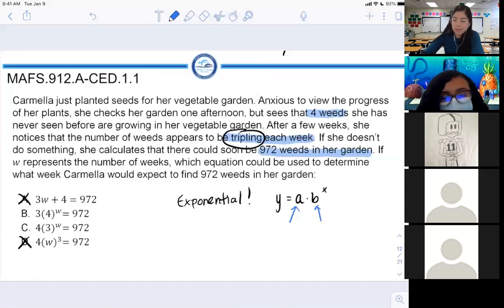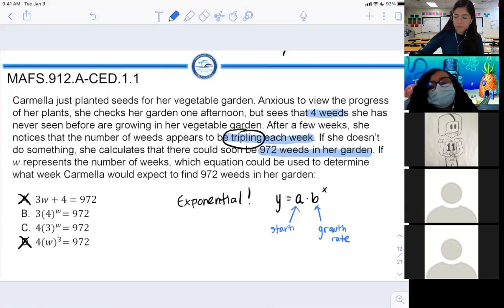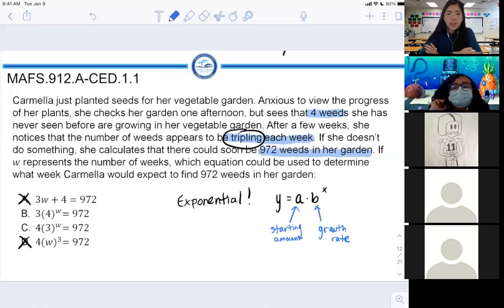Other way around, it's the b. What does a represent? If b is the growth rate, what's a? Yeah, Perla, what you start with? The starting amount. So in this case, which one has the correct a and the correct b? C. Good.